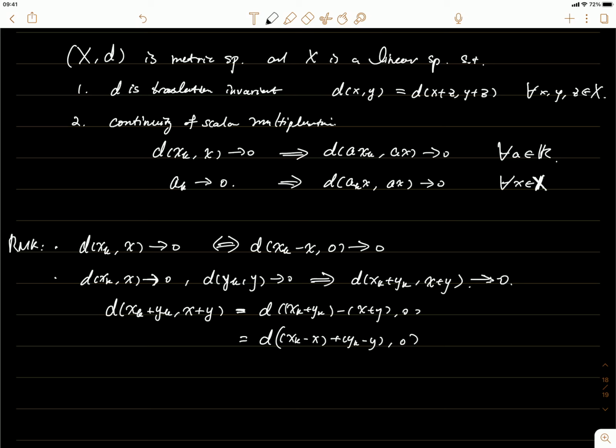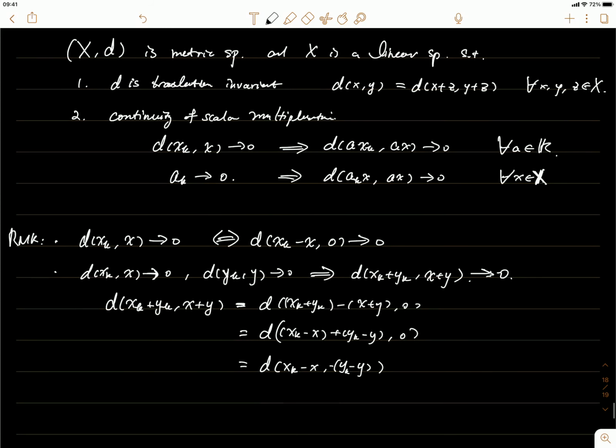Then we have this. And then this becomes the d of xk minus x, and for each fixed k, I can subtract yk minus y from both arguments.